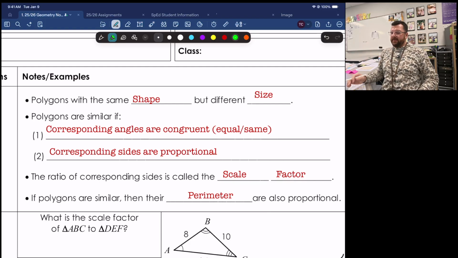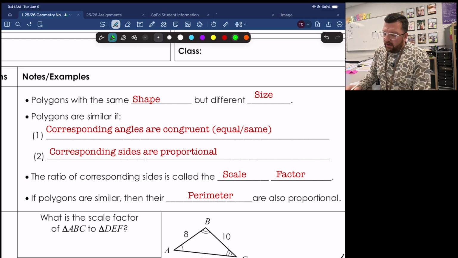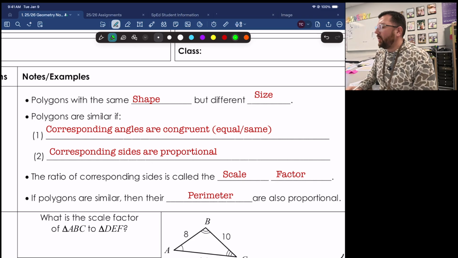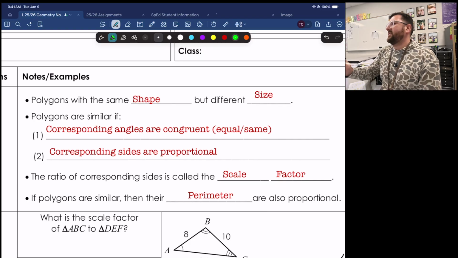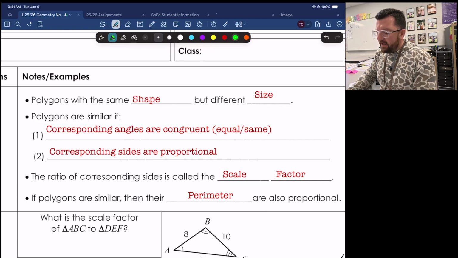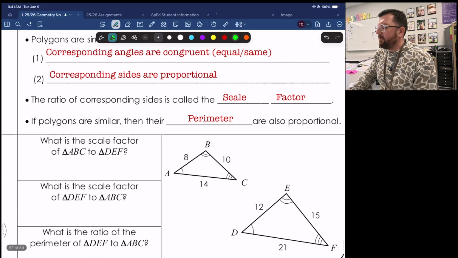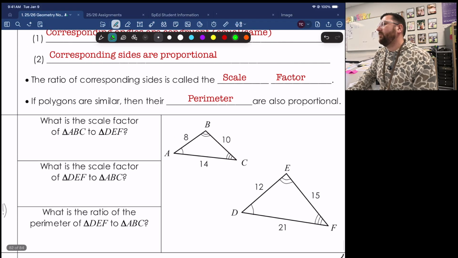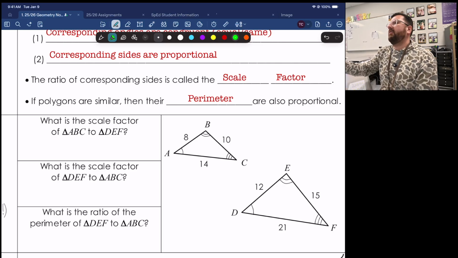It'll make sense in a minute. A ratio of corresponding sides is called the scale factor. If polygons are similar, then their perimeters are also proportional, and their perimeters create a scale factor as well.